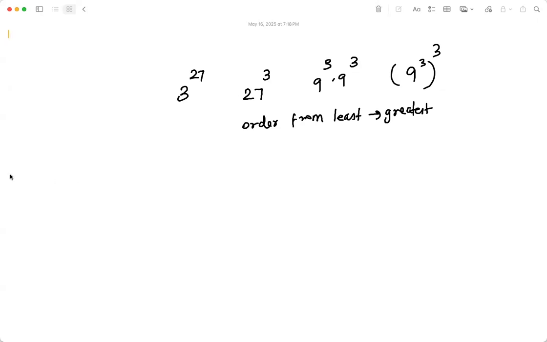Shall I show you? This one, I can write as 3 power of 3. 3 3s are 9, 9 3s are 27. Then that power 3. So I can write that as 3 power of 9. This is 3 power of 27. Got it?